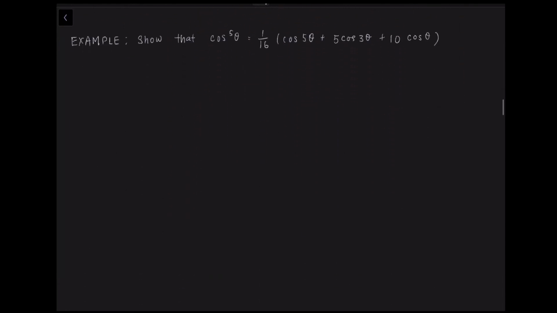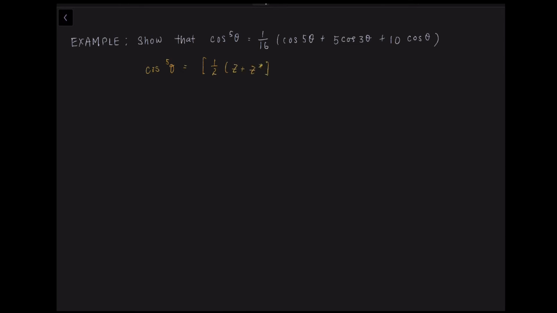Next, we are going to show that cos theta to the power of 5 equals 1 over 16 times cos 5 theta plus 5 cos 3 theta plus 10 cos theta.